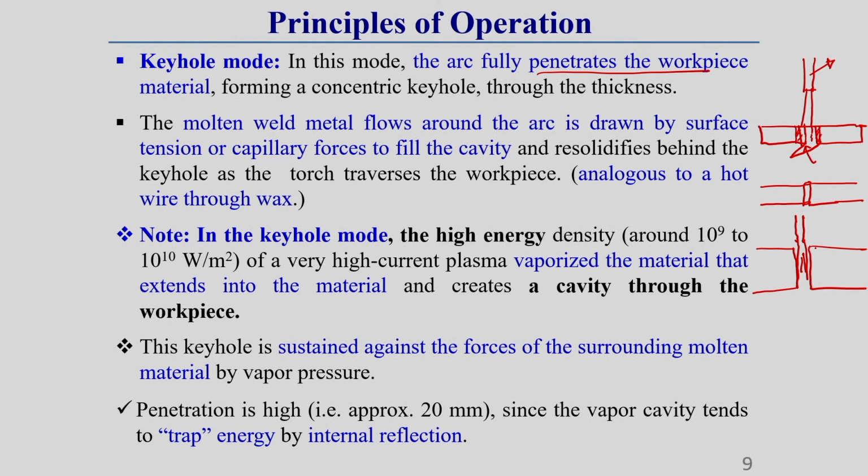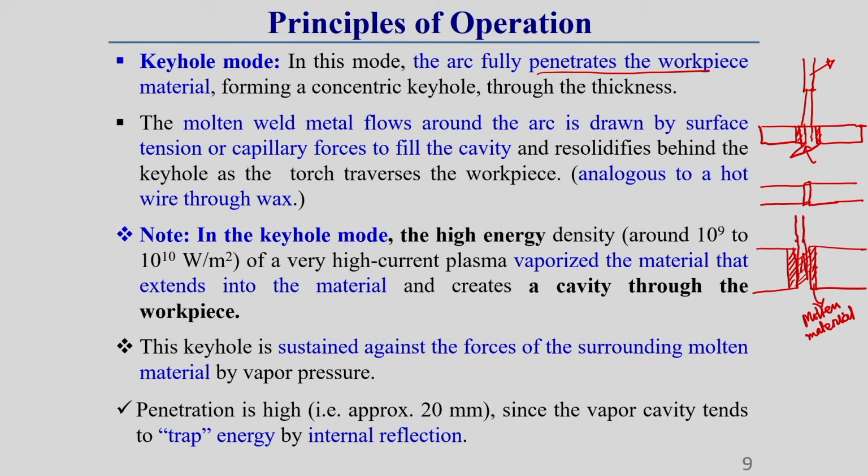Okay. So, once this arc moves from this region, surrounding this keyhole there is a molten weld pool. That means around this keyhole there is molten material. Once the arc goes in the front direction, along the welding direction, this molten material fills this gap by an action called capillary action.